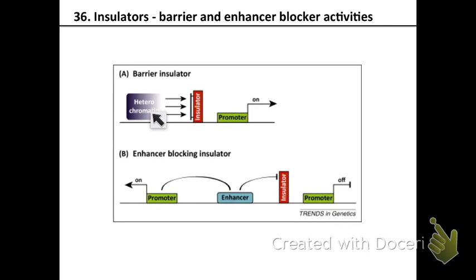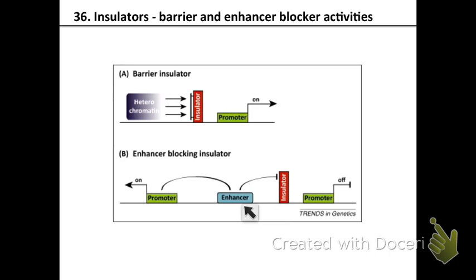The heterochromatin spreading can be blocked by the presence of an insulator so that the heterochromatin cannot spread and repress this gene that happens to be on the other side of the insulator. So what this insulator is doing is making sure that the chromatin structure here does not affect the expression of that gene. With the same type of idea, these insulators also regulate which gene a certain enhancer can interact with.